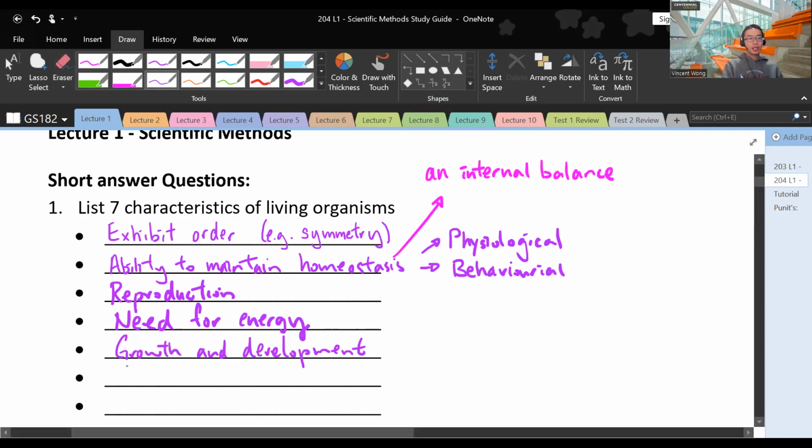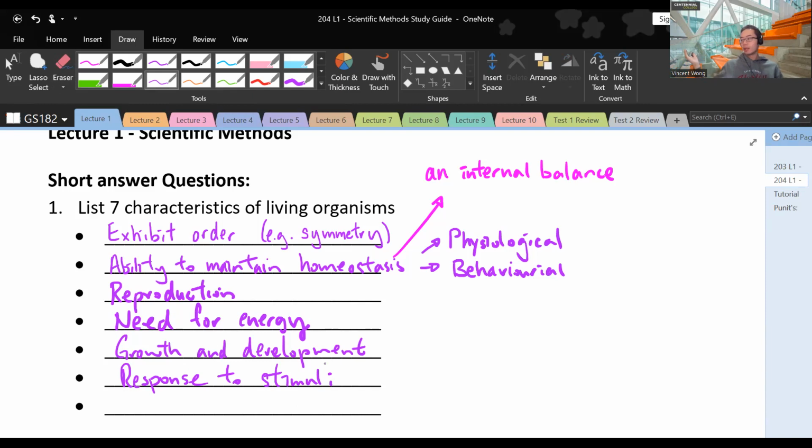Another one is responds to environmental stimulus. A stimulus is basically some kind of change in the environment, right? I used the example of a Venus flytrap, but it doesn't have to be a plant. We respond to stimulus too. If you hear a loud bang in the kitchen or something, you instinctively would take a look.